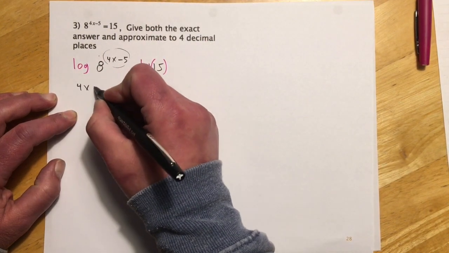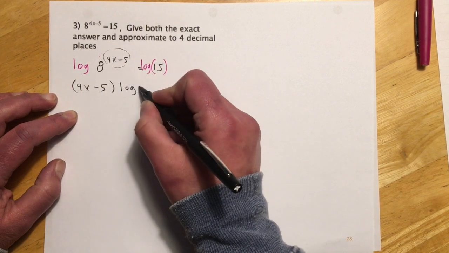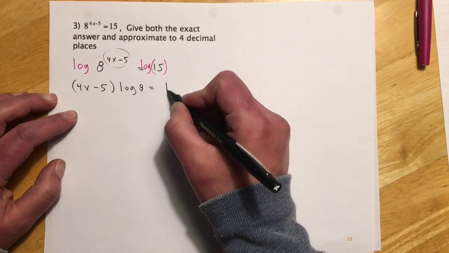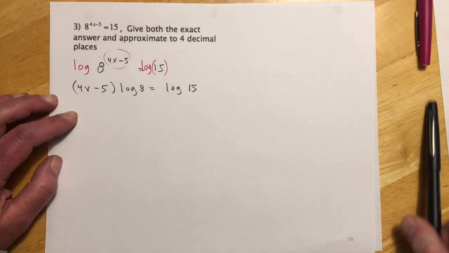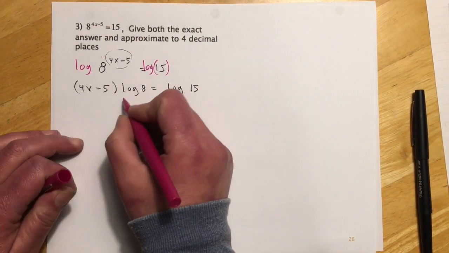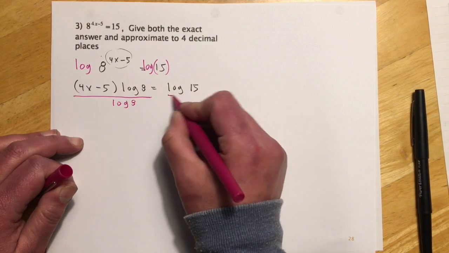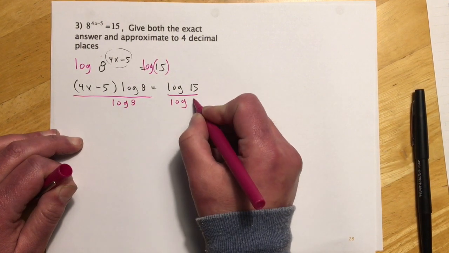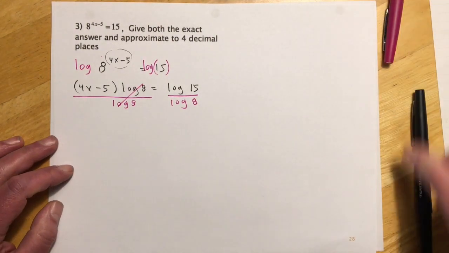So now I have 4x minus 5 times log 8 equals log 15. From there, I got a couple of things I can do. I think I will divide both sides by log 8. And log 8 is just a number. So then those cancel.